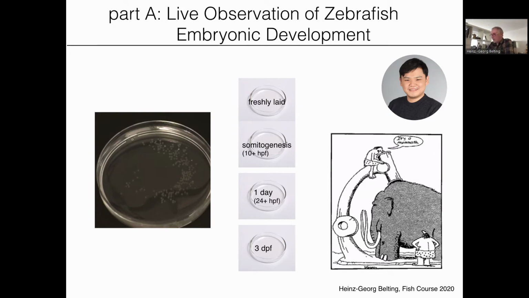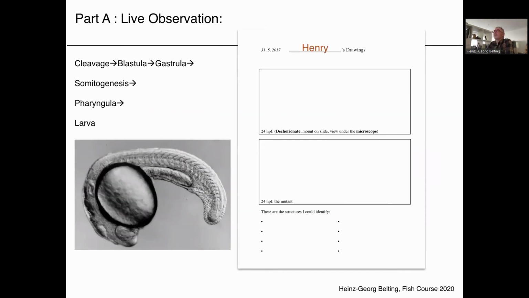And so in the past, we would make drawings. You don't have to make drawings. It doesn't make sense in this setting because it's difficult to do. In the past, you would take this embryo on the left, see it on the microscope, and then point out the most essential features that you see in the embryo, something like this.